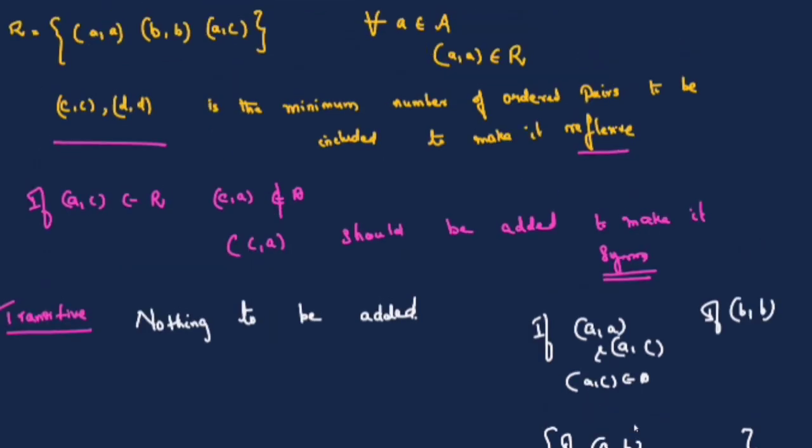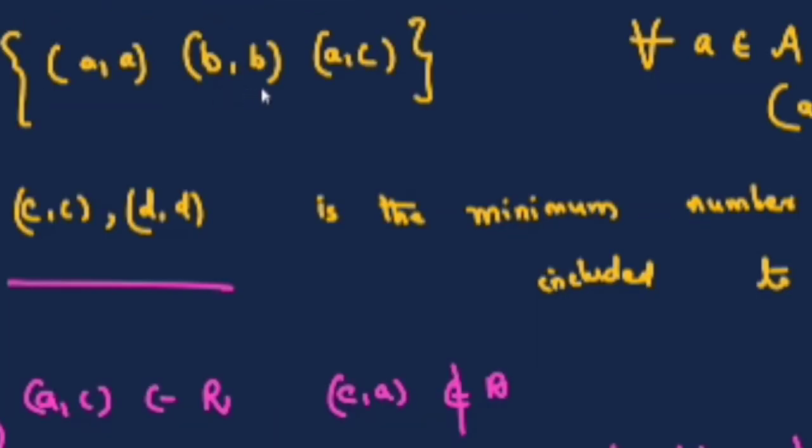That's what I told you. If I take (b,b), anything starting with b? Nothing, isn't it? Only (b,b) is there. If I take (a,c), do you have anything starting with c? No. Only if you have something starting with c should you check whether the other pair is there. It is not there.